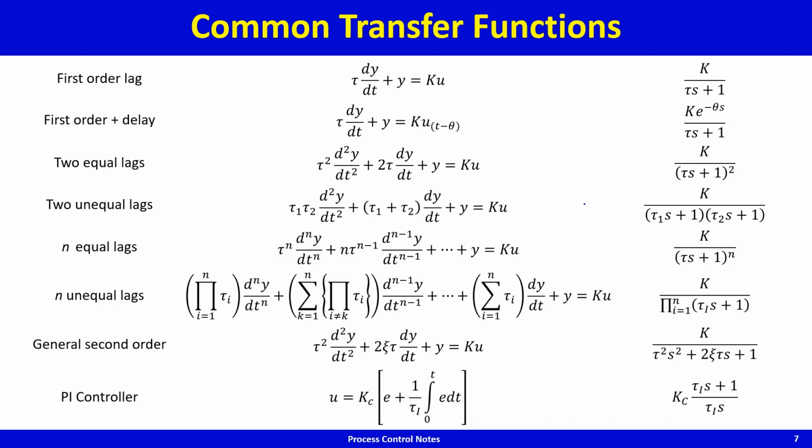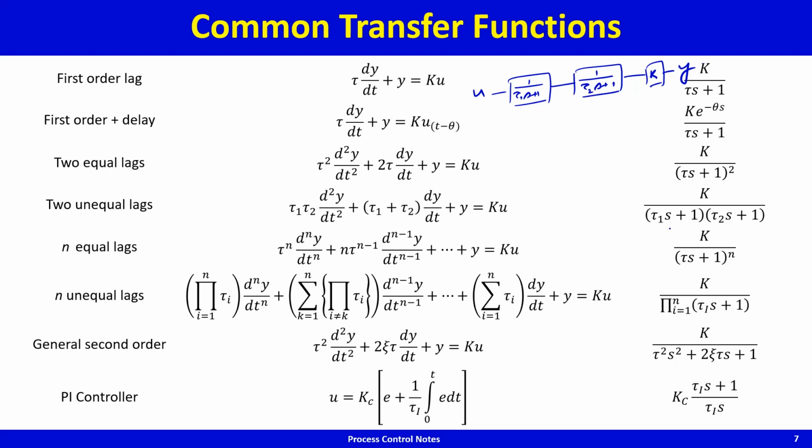Different lags, so that means the first lag is 1 by tau 1 s plus 1, the second lag is 1 by a different time constant, 1 by tau 2 s plus 1, multiplied by, again, this is u, this is y.